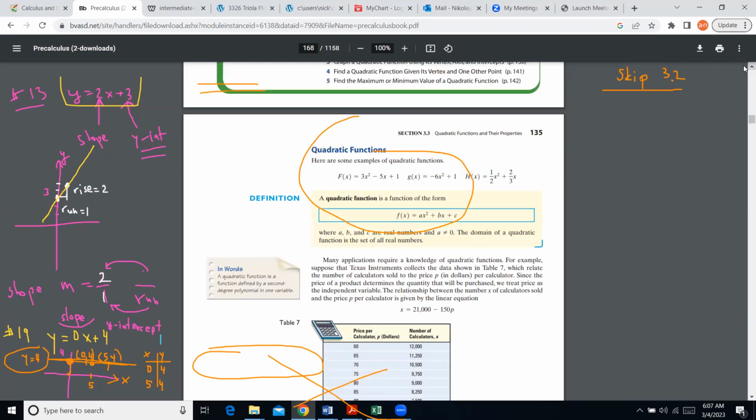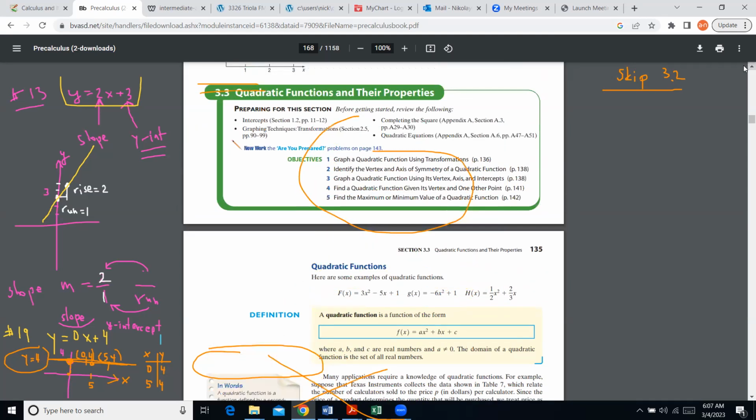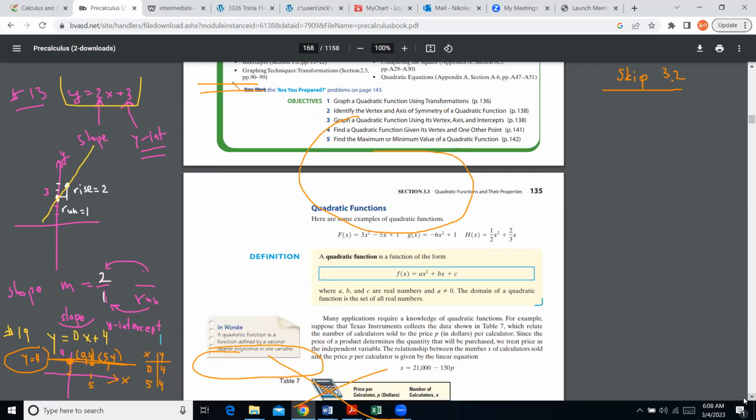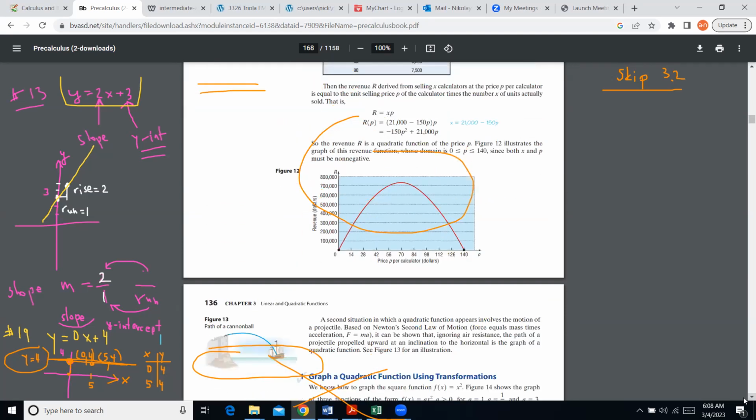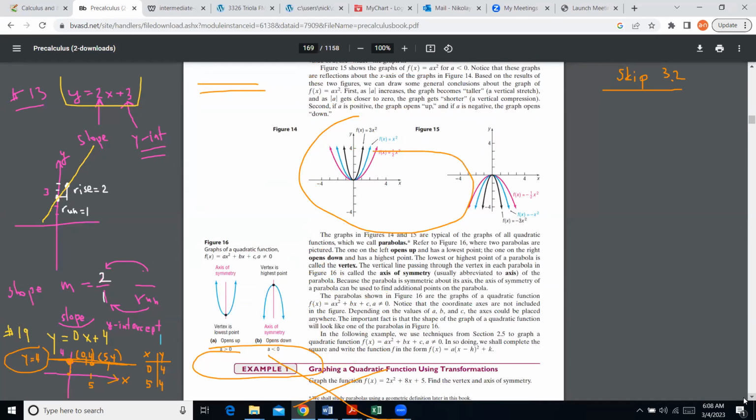And then the key section of this chapter will be 3.3, which graphs our favorite curve, the parabola. So you can see these U-shaped curves, the parabola curves, and the story that we already discussed in the previous chapter.